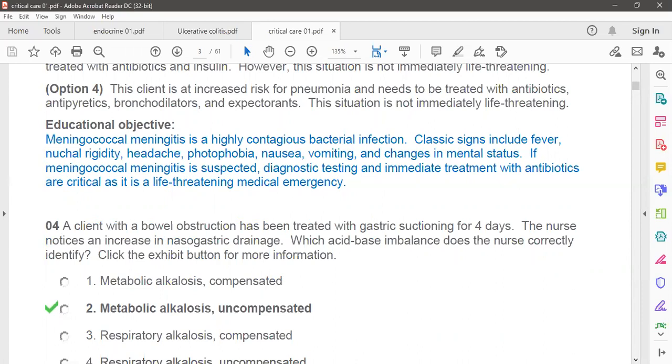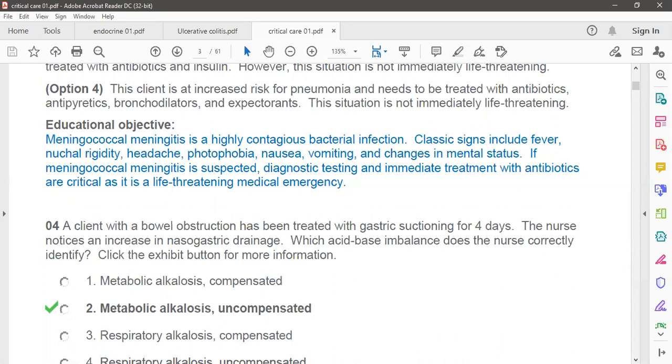We collect the spinal fluid by lumbar puncture for culture to choose the antibiotic. What medications are prescribed? Antibiotics and analgesics, right?